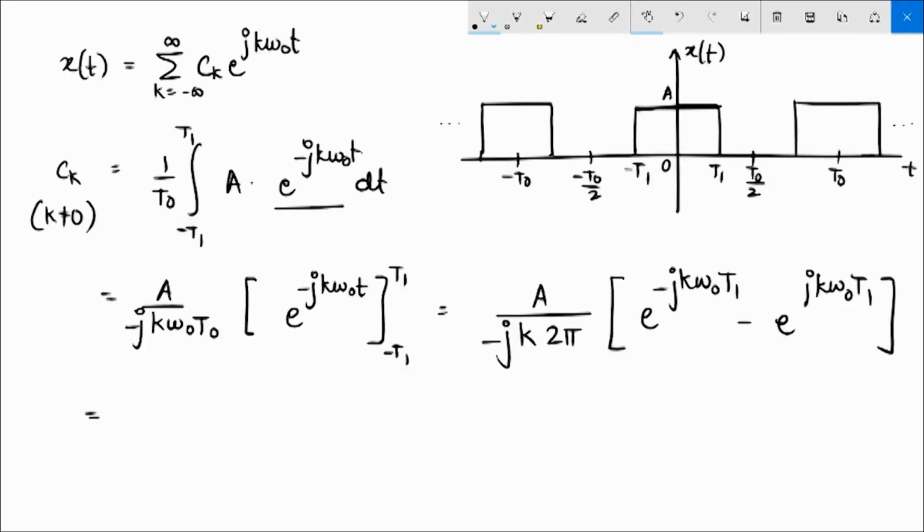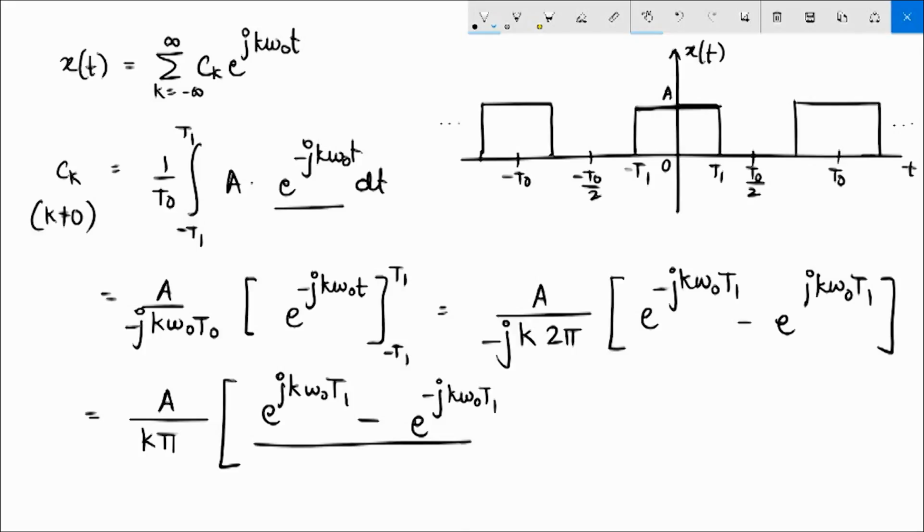I can rewrite this term as a upon k pi, e to the power j k omega naught t1 minus e to the power minus j k omega naught t1, upon 2j.